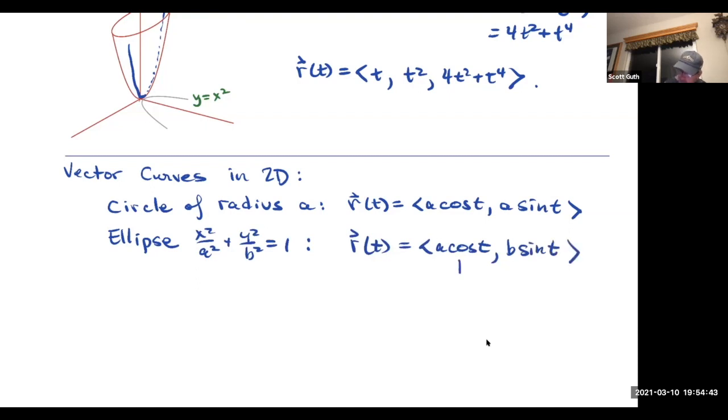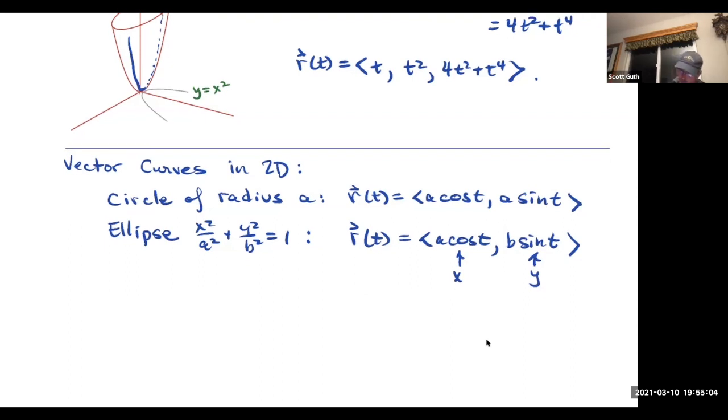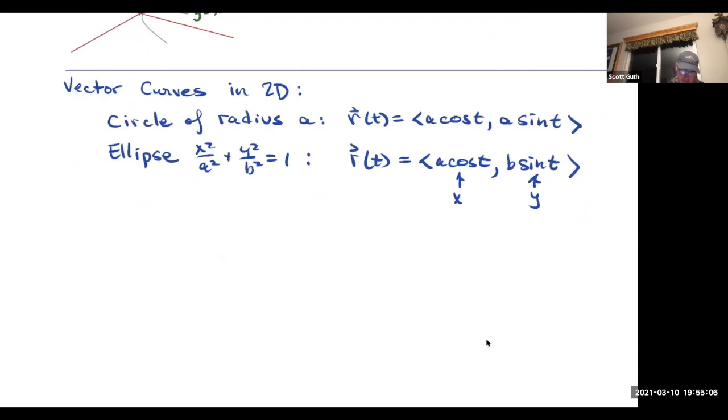And if you let the first coordinate be x and the second coordinate be y, you'll see that if you plug that into the equation for the ellipse, it's just the Pythagorean identity, cosine squared plus sine squared, which always has to be 1. So it's definitely true. I almost don't want to talk about the hyperbolic curves, so I'm going to pass on that.